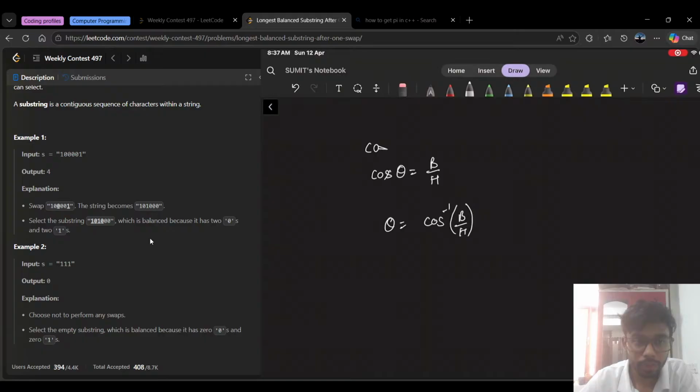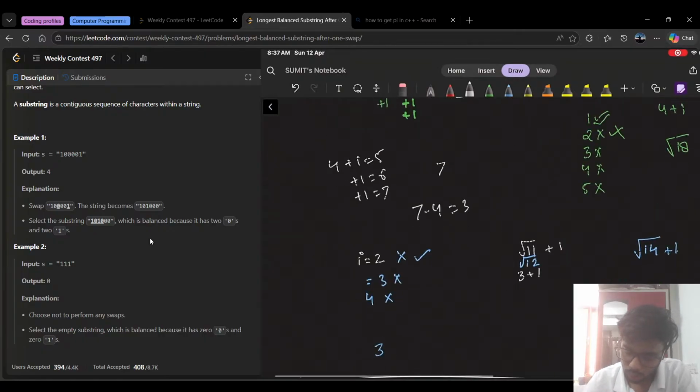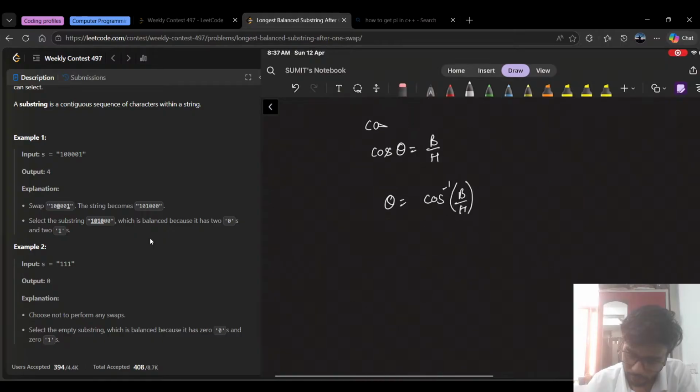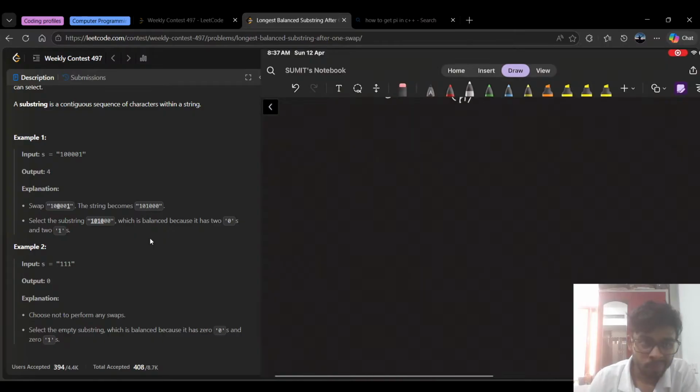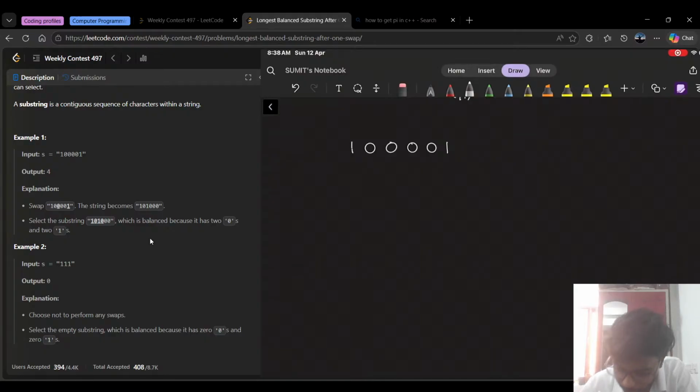A substring is contiguous. Okay. So for example, I got 1 0 0 0 0 1.